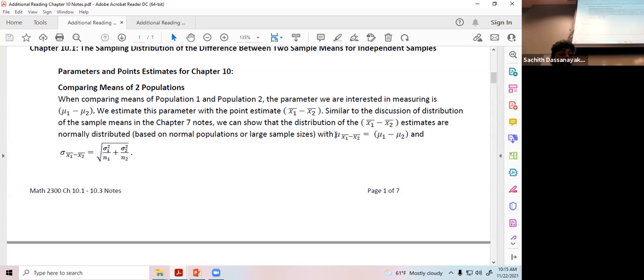It's also a normal distribution, definitely, with this mean and this standard deviation. If we have two normal populations or two large enough samples, their distribution together is again normal, with mean mu1 minus mu2 and standard deviation whatever is under this square root.